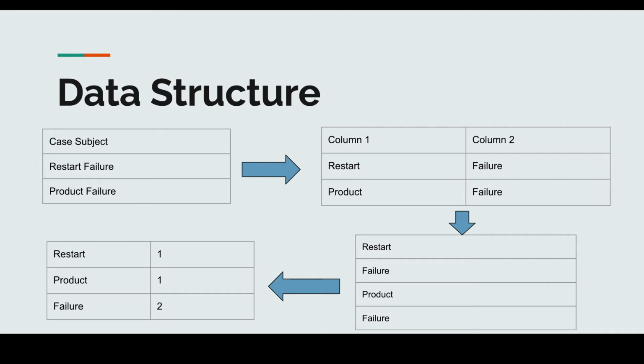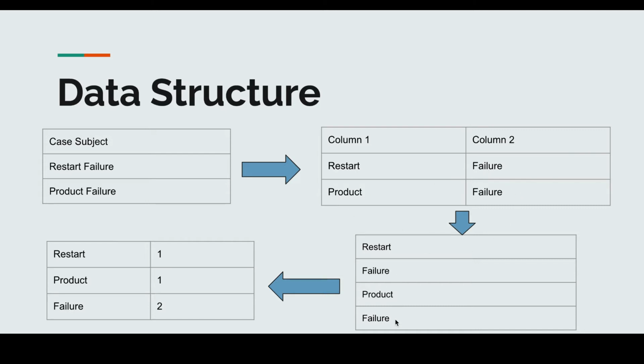So here's a data structure. To my left is how the table structure will be when we see this in recipe. We'll have case subject, and within case subject we'll have restart failure and product failures. We will split this into two columns. In column 1 we'll have restart, in column 2 we'll have failure, again column 1 product, column 2 failure.